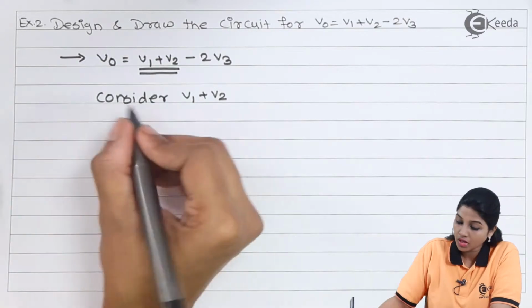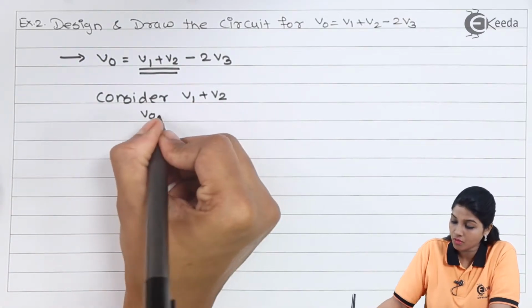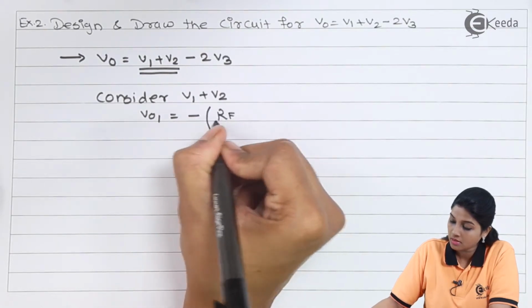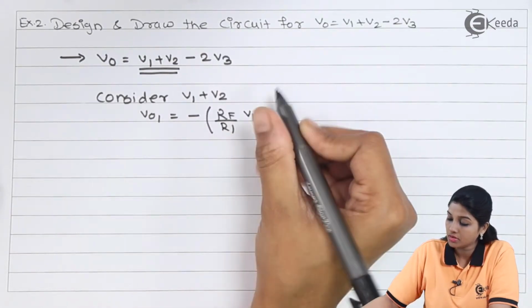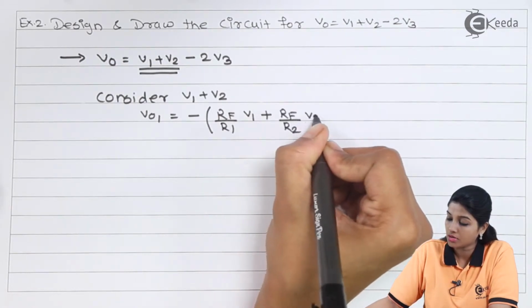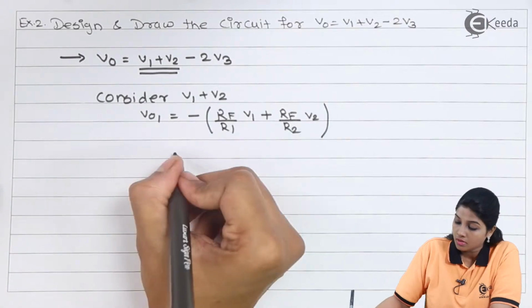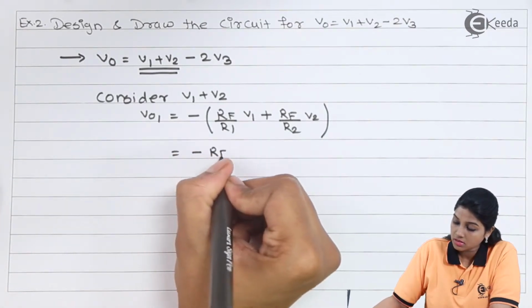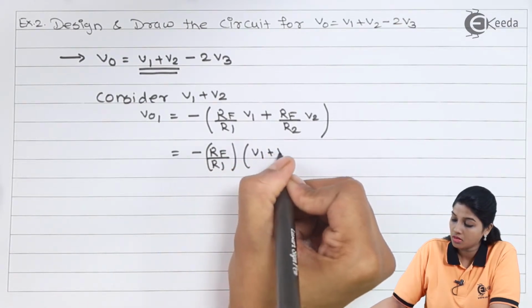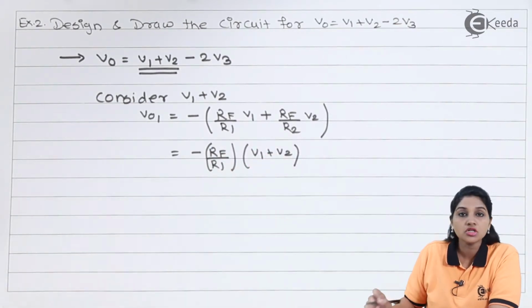So in this case we are going to use VO1 is equals to minus RF by R1 into V1 plus RF by R2 into V2, which is equals to minus RF by R1 into V1 plus V2. Now the equation is similar.